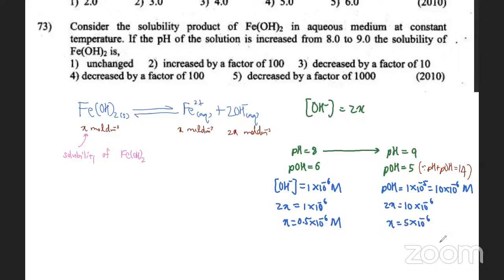So what has happened to x, people? It has increased by a factor of 10, is it? Did I make a mistake somewhere? Does it decrease or increase? pH increases means OH minus concentration increases.